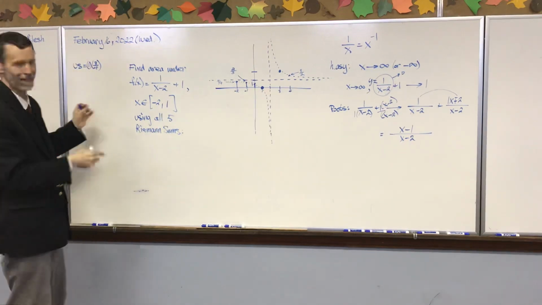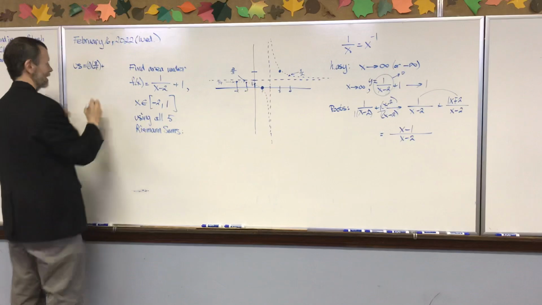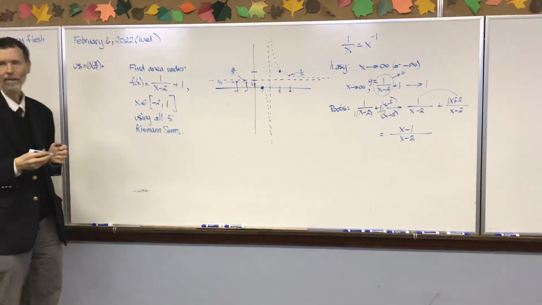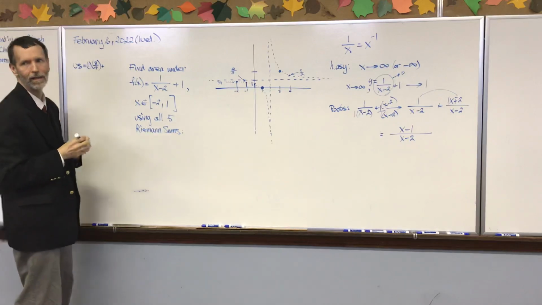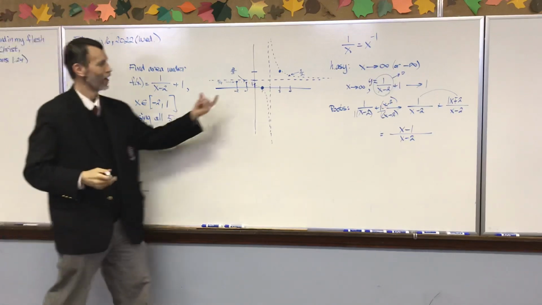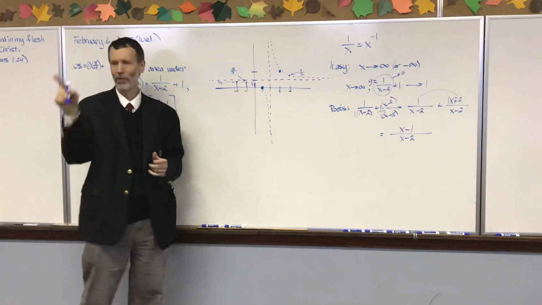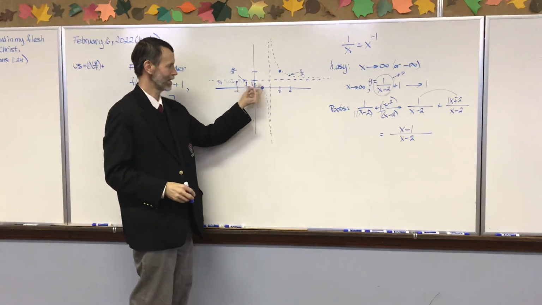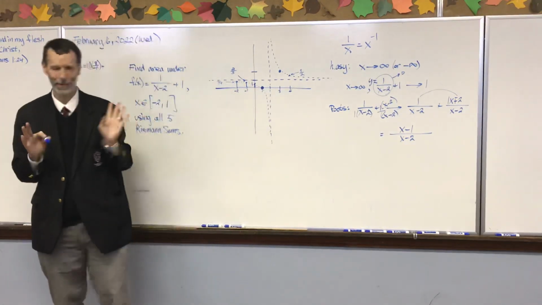I have 3 slices. What's the second slice area? We're doing rectangular slices. So this slice area, this slice area, this slice area. I haven't drawn the rectangles because I don't want to make a mess.